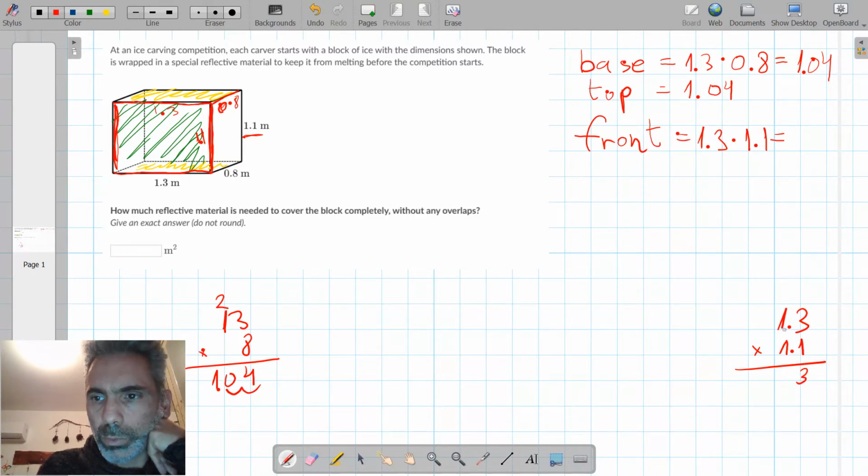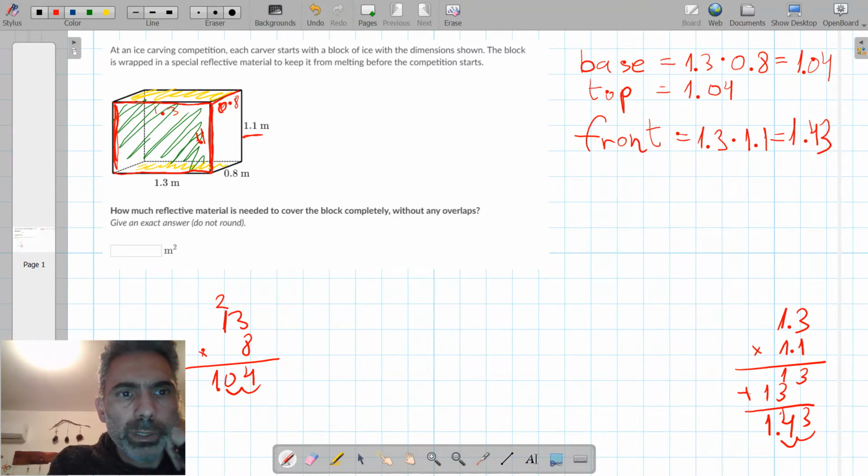1.3 is 3, 1.1 is 1, 1.3 is 3, 1.1 is 1. Together I add them up. This is 3, 1.3 is 4, and this is 1, and I have 2 digits to the right of the decimal point, so 1, 2. So this is 1.43.